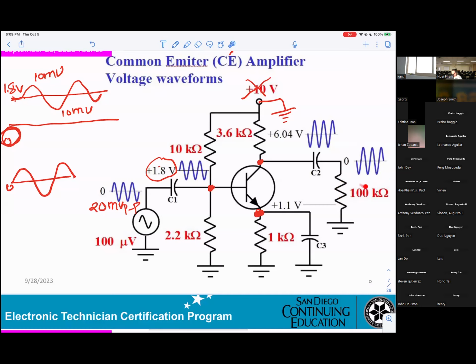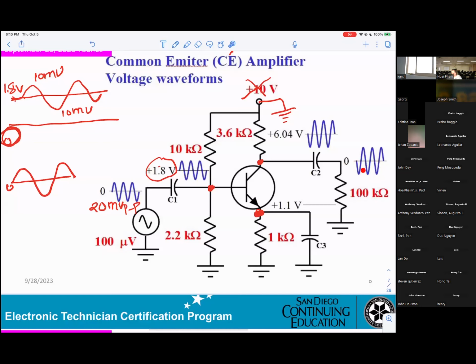What's different? In here, you don't see 6.04 volt, correct? Why? Only the AC. Why don't you see any DC voltage here?